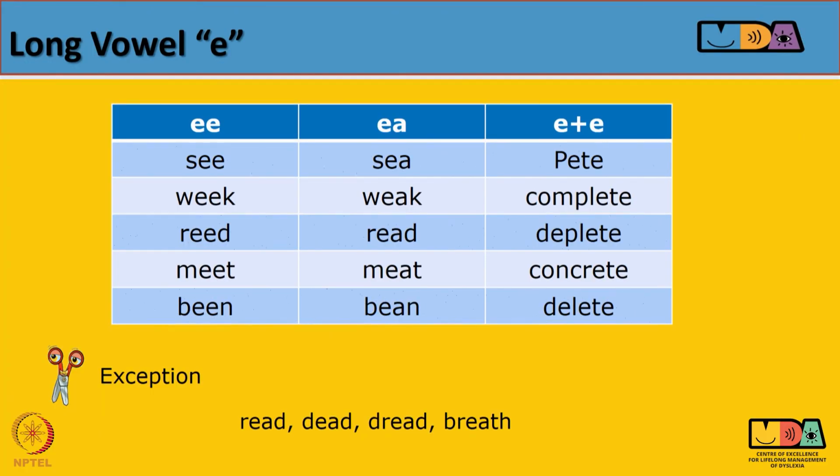Now, we have exceptions even to long E. For instance, in the words red, dead, dread and breath, we have EA which says short E and not long E as we had taught the child. Here, my personal favorite way of doing things is to teach EA saying long E words and EA saying short E words.